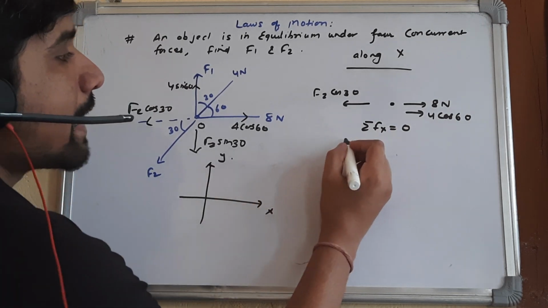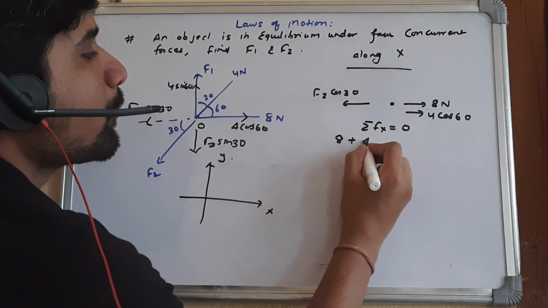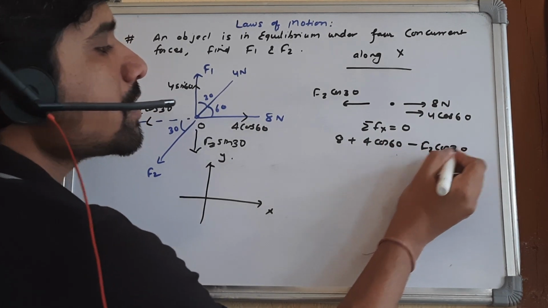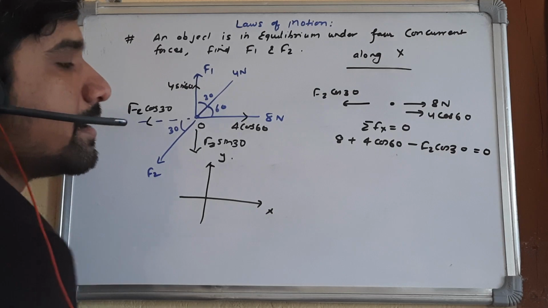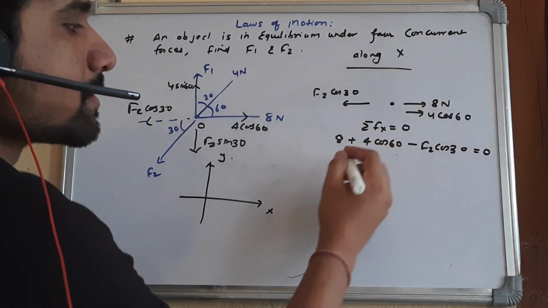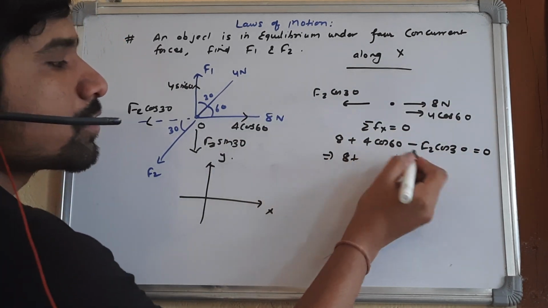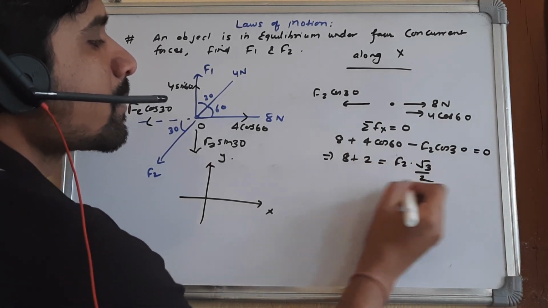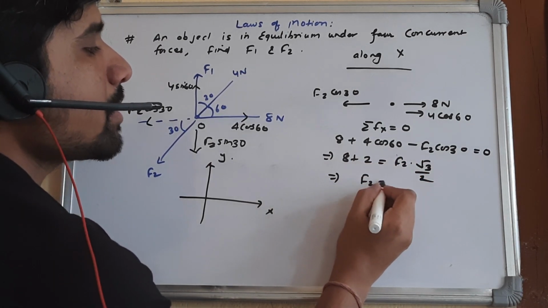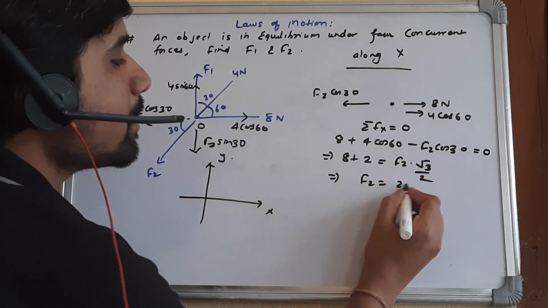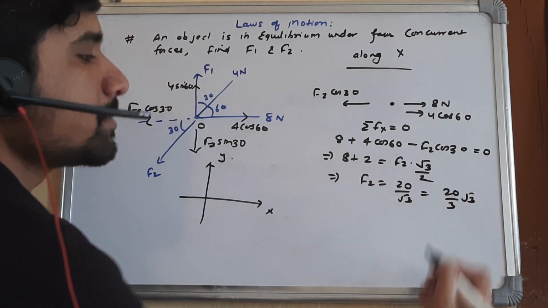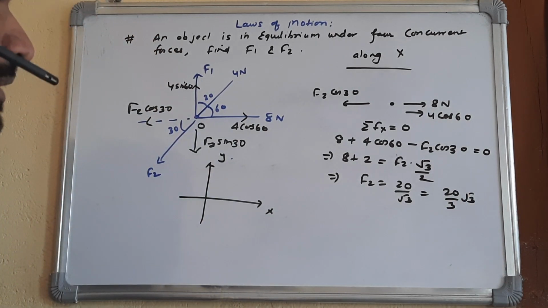So I can write that 8 plus 4 cos 60 minus F2 cos 30 is 0. Why minus? Because this is anti-parallel and at 180 degrees to all this. So 8 plus 4 cos 60, which is nothing but 2, will be equal to F2 cos 30, and cos 30 is root 3 by 2, right? So F2 becomes what? 20 by root 3, or I can write it like that, 20 by 3 root 3. F2 is 20 by 3 root 3.